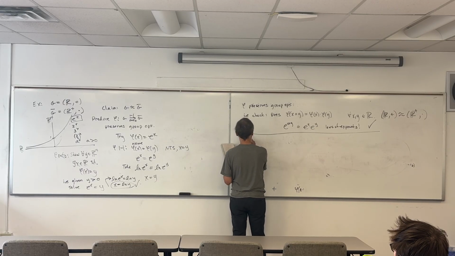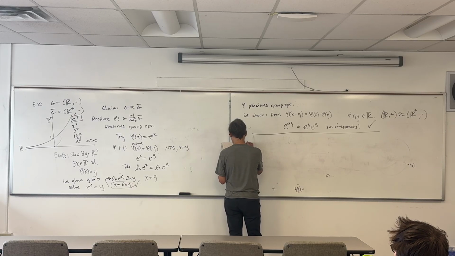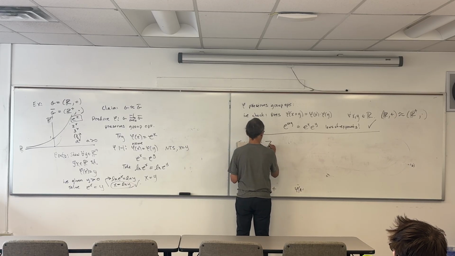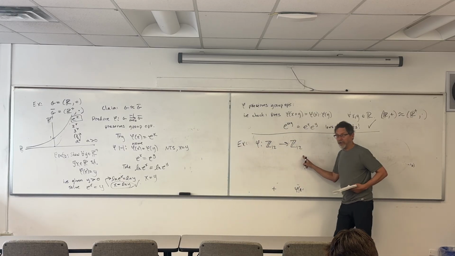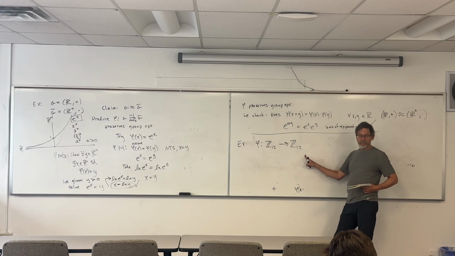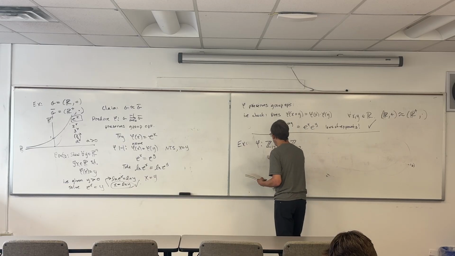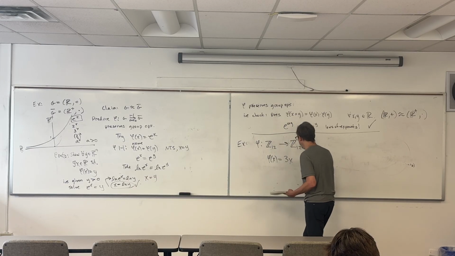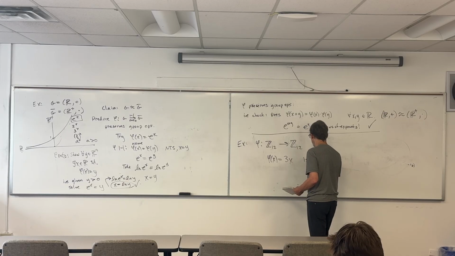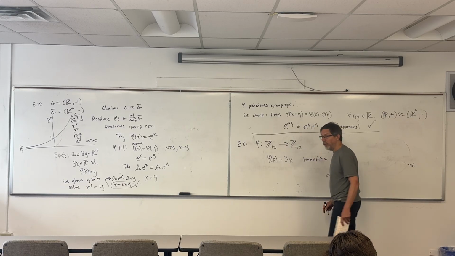I got one for you here. What about, I'm gonna ask you this, phi, which goes from Z12 to Z12, integers modulo 12. Is this an isomorphism? From Z12 to itself.